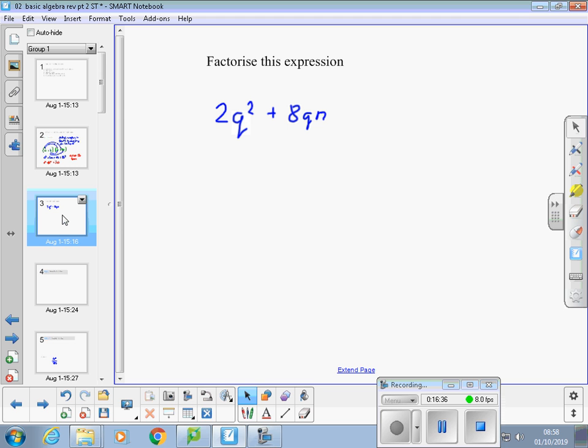Okay, how do we factorise? What can we factorise in that equation? One term at a time.